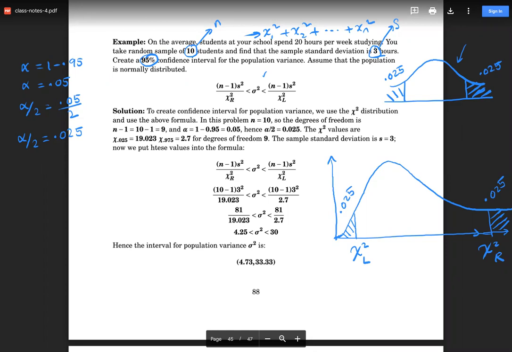So this is the basic difference between the bell-shaped curve or t-distribution that we have dealt with so far. Chi-square distribution is stretched to the right, and it never goes below 0. That means it doesn't go to the left. Like this is the normal distribution, this is 0, and these are negative values on the left, and these are positive values on the right.